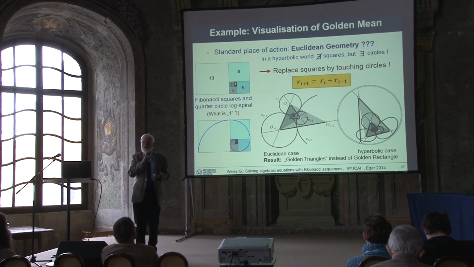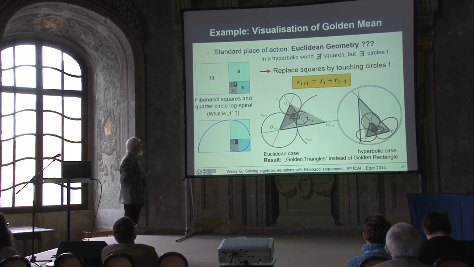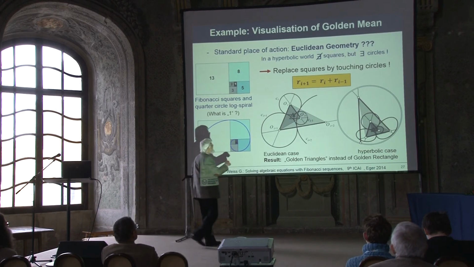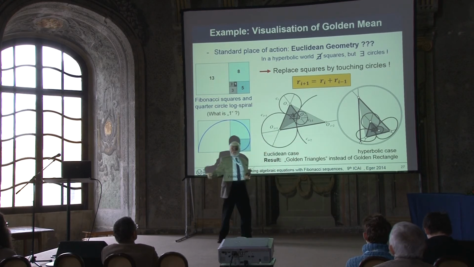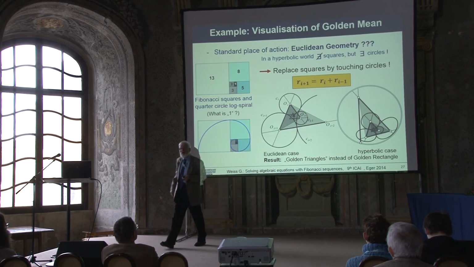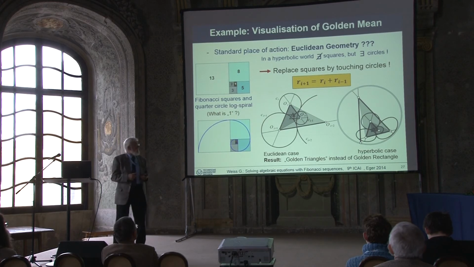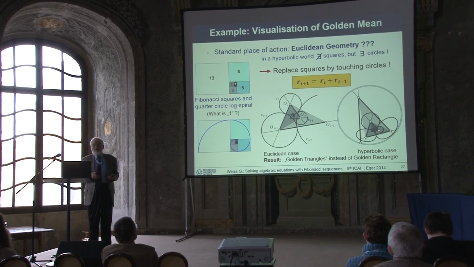But what about circles? You may start with small circles in the middle, and turn around and just add to two former circles one with a radius that is the sum of the radii of the former ones. You can do this also in the Euclidean geometry and in non-Euclidean geometry.